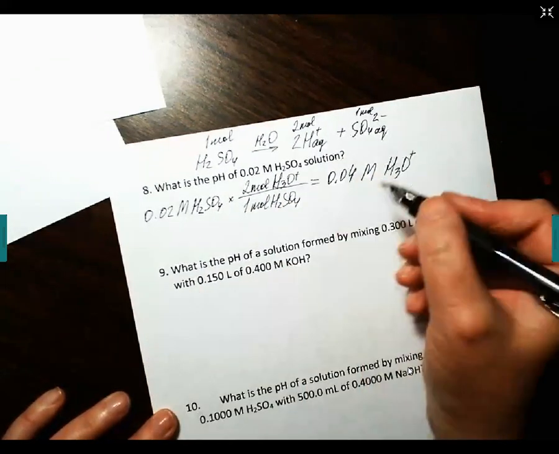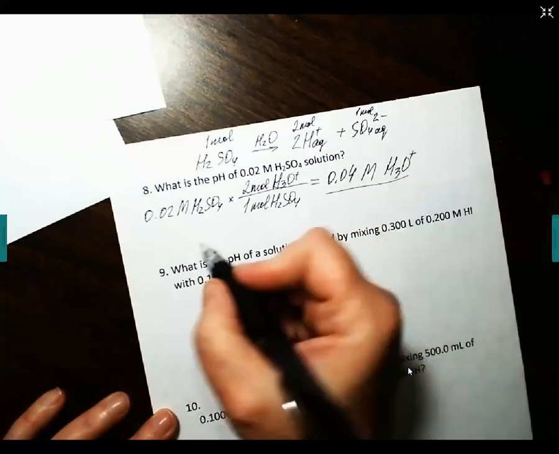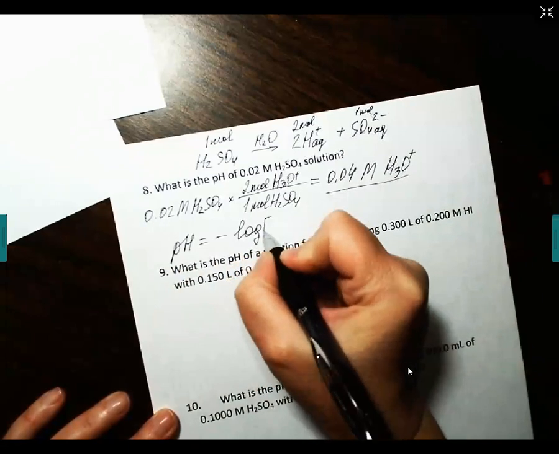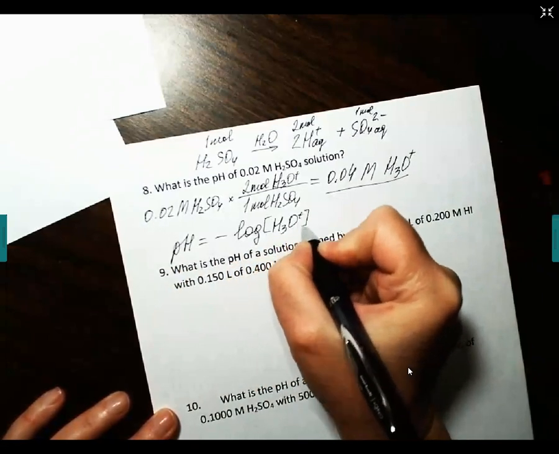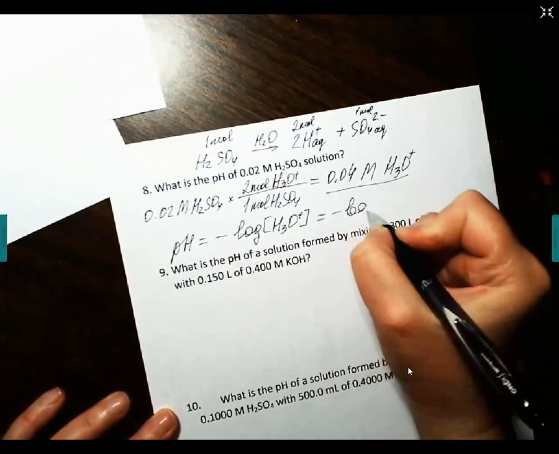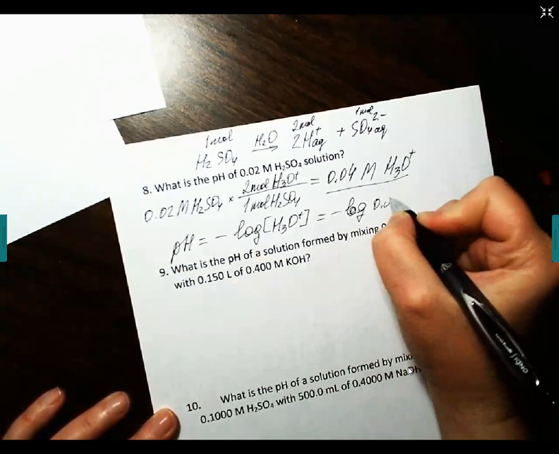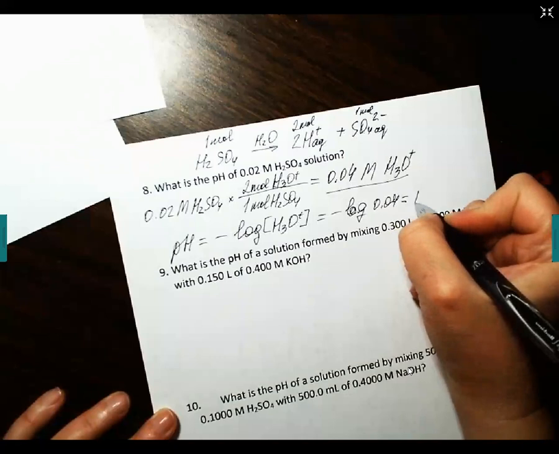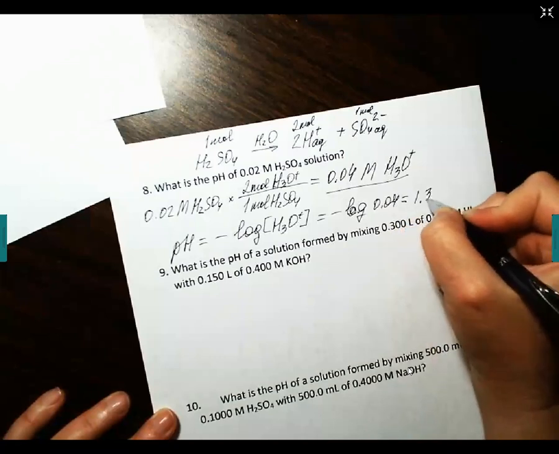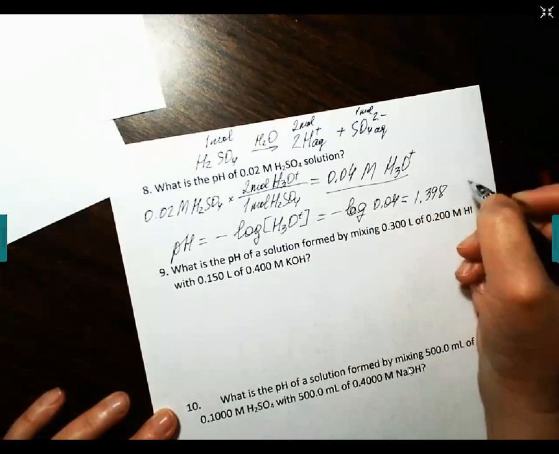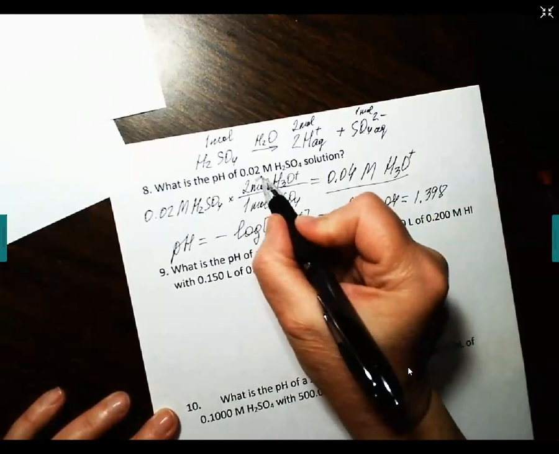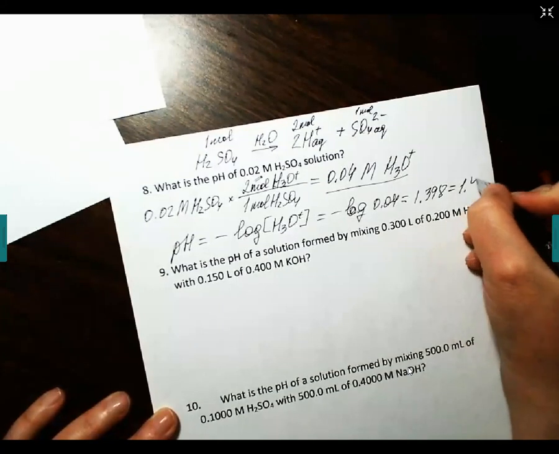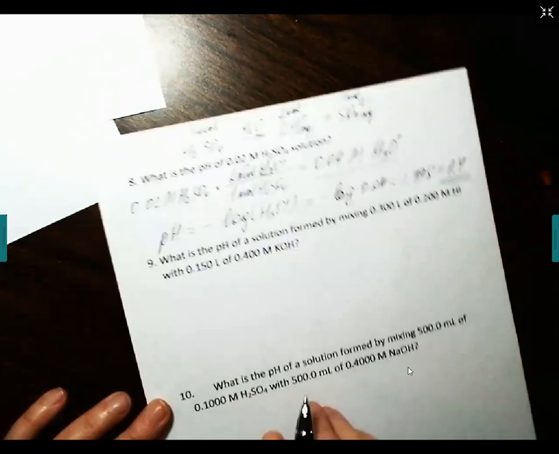And when we know the concentration of hydronium ion, we can easily calculate pH. So it is negative log of H3O plus, negative log of 0.04, or 1.398, and because we only have one significant figure, we need to leave one decimal, so it's going to be 1.4.